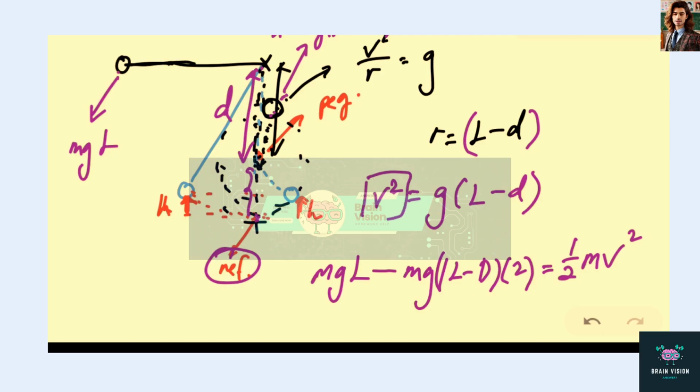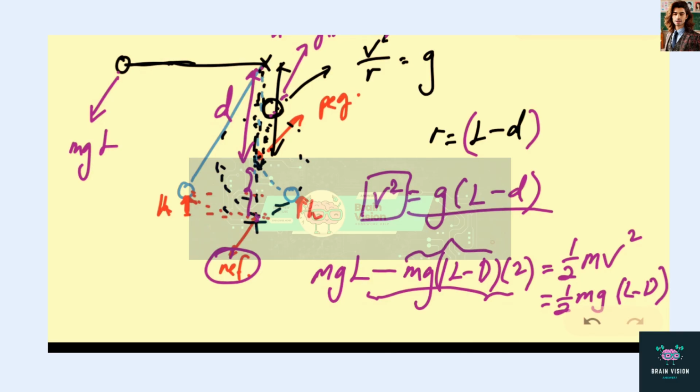We know that v squared is equal to this value, so we can put that in. Rearranging this equation a little, we bring this term over to the right-hand side. This is just 2 times this term, whereas this is half of the same term.